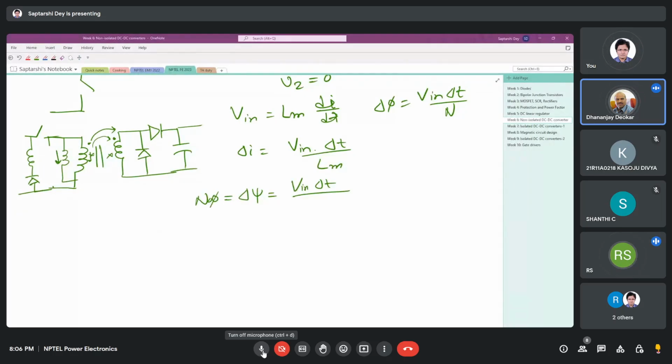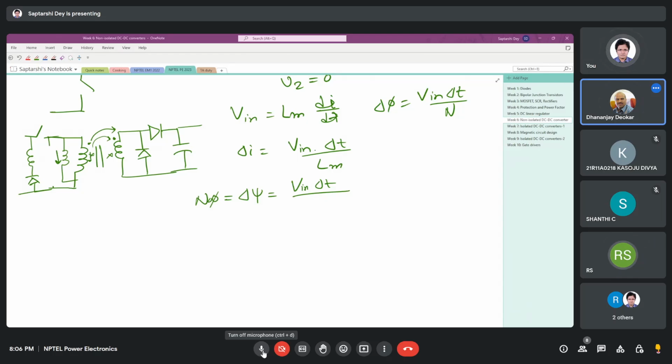Sir, you are saying this energy in the inductor is given back to the source. In the source, in what form does it get reflected? Which parameter, if we measure, can show that the energy is coming from the inductor to the source? Current is okay.